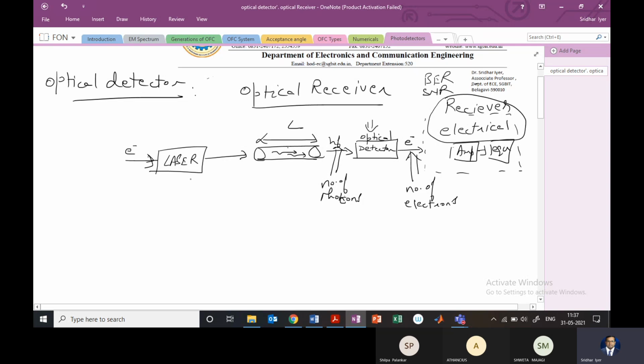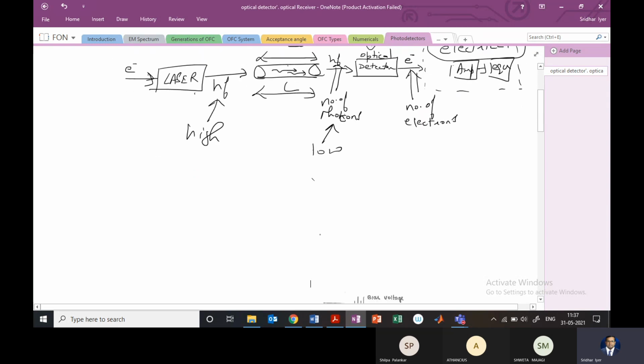The number of photons is very high at the output of the laser, but the corresponding photons which we get at the receiver are very low because you have already traveled some distance L. So the functioning requirement of this photodetector is very high. We require this photodetector to be a very efficient photodetector.